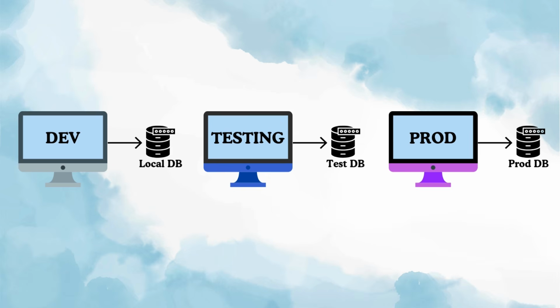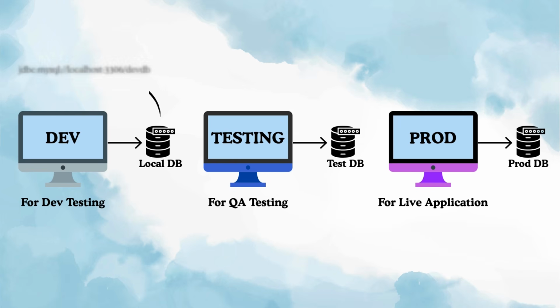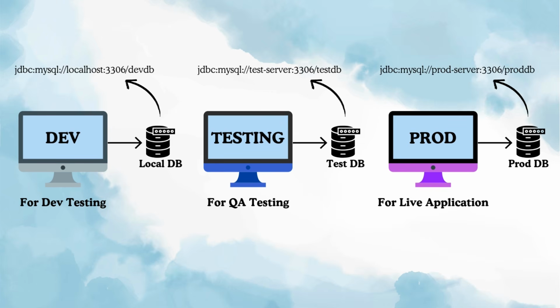So let's say there are 3 environments, a dev environment where you test things while you build them, a testing environment where the QA team verifies your code, and finally a production environment where the live application runs. Now these environments have separate databases with different URLs. For example, in dev, the URL might be something like this. In testing, it could be this. And in production, it might be this.